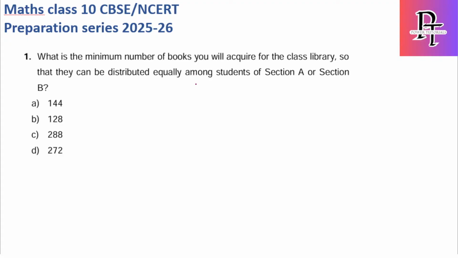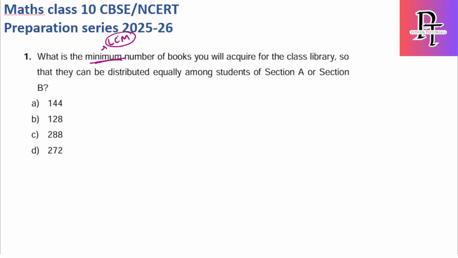What is the minimum number of books you will acquire for the class library so that they can be distributed equally among the students of section A and section B? There is one trick to understand whether it is LCM or HCF. The simple trick is, whenever you see minimum, the question is related to LCM.